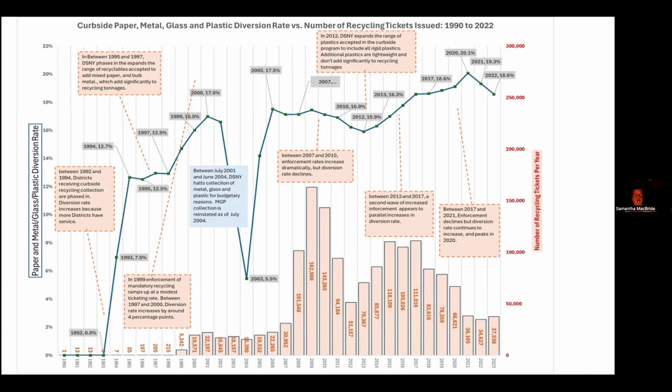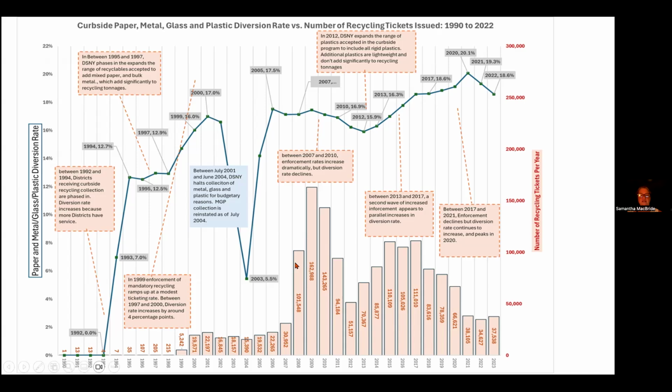But basically, what I'm trying to show here is, and just some background, in New York City, if a building doesn't recycle, the building owner gets a ticket, gets a fine. They're issued a fine.